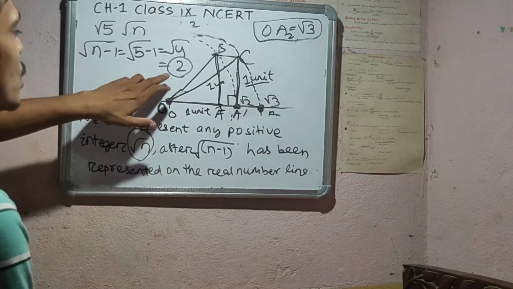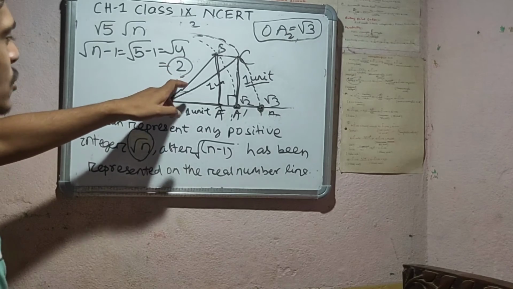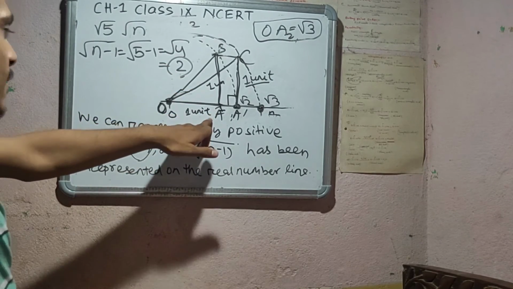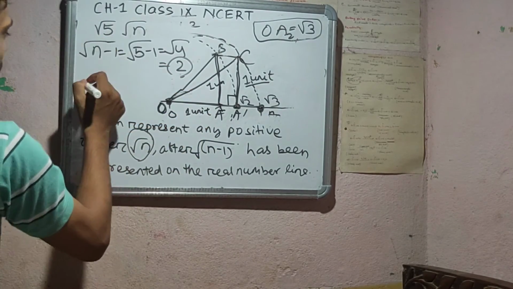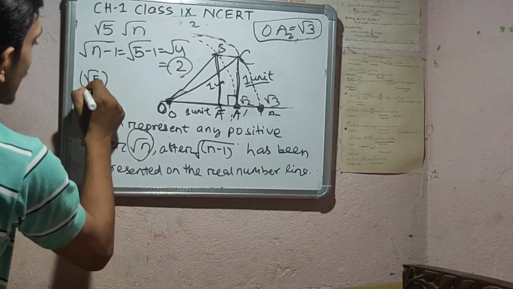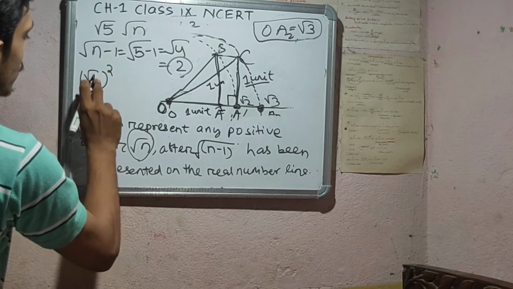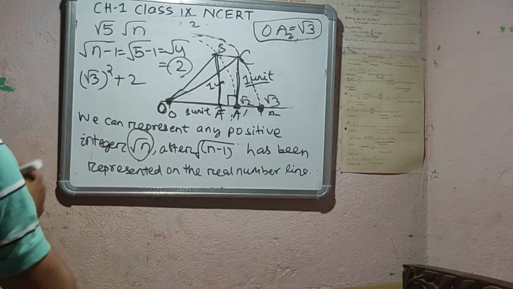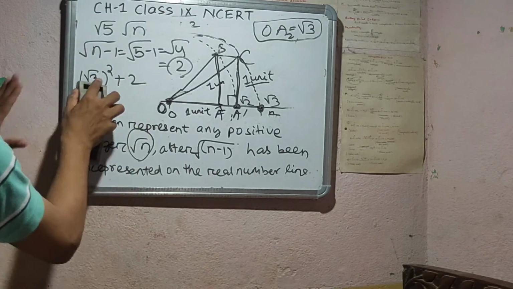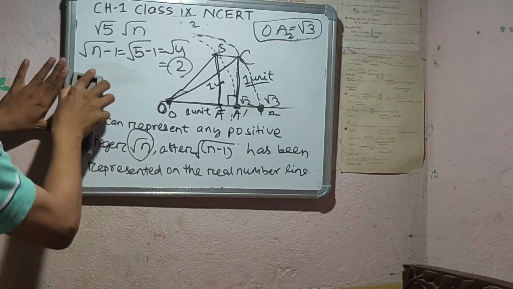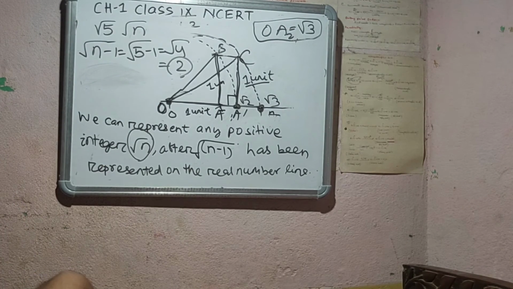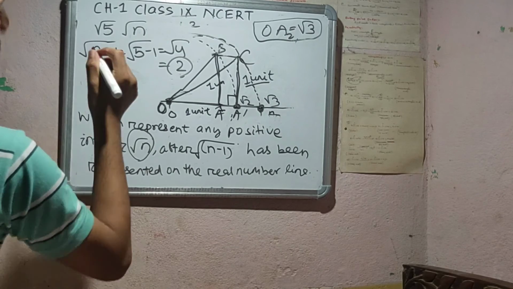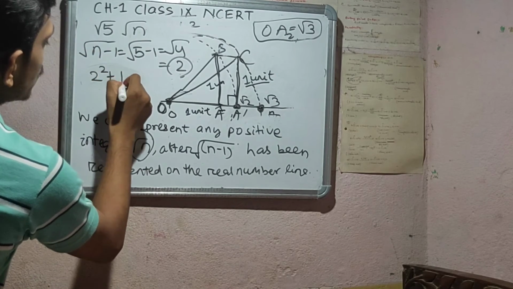2 is a natural number, so you can easily represent it here. That can be represented in this form. Sorry, that is 2 square plus 1 square.